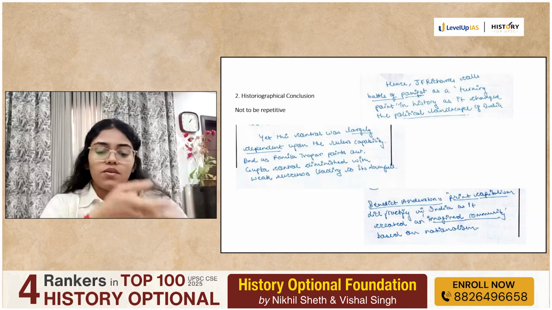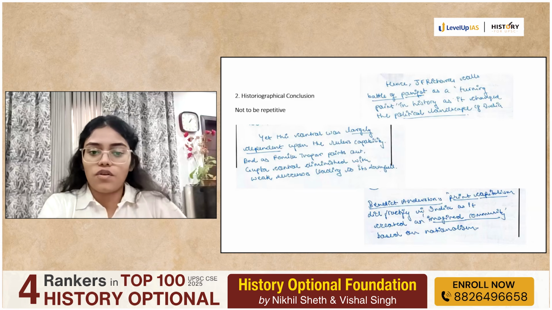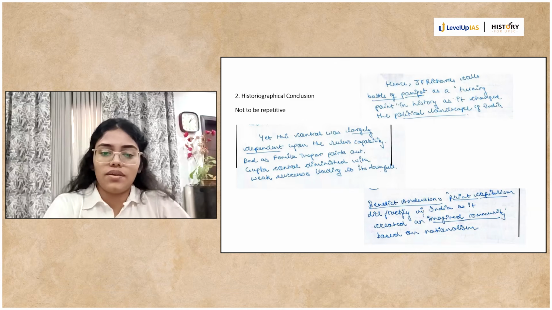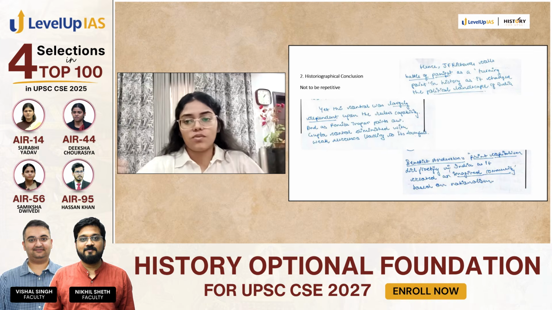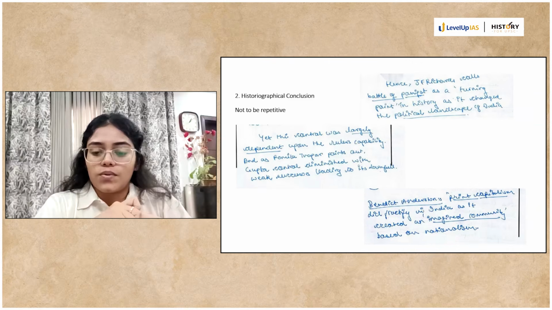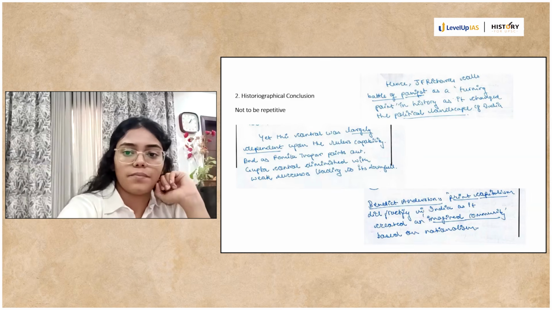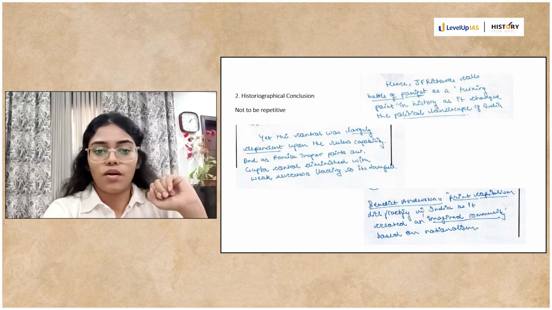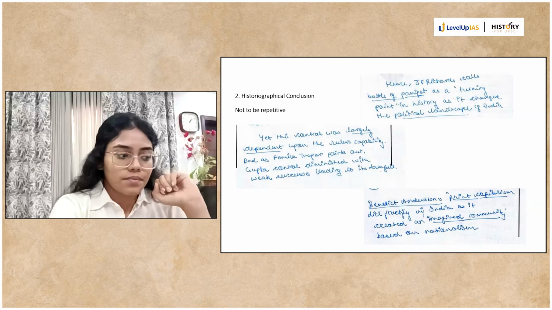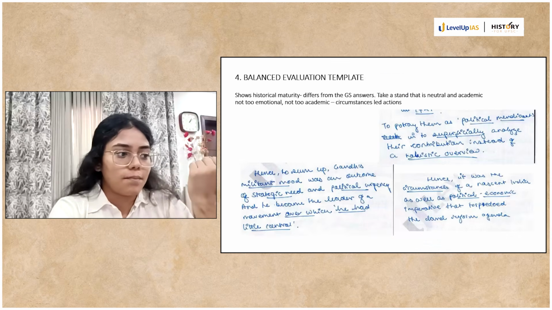Although the question did not ask about the downfall of the Guptas, in historiography you can very well point out that Romila Thapar had said that this led to this. So in the conclusion, I made it future-visionary, and I also mentioned a historian's name. If you have historiographical data, you can point it out in the conclusion. This was the second type of template.